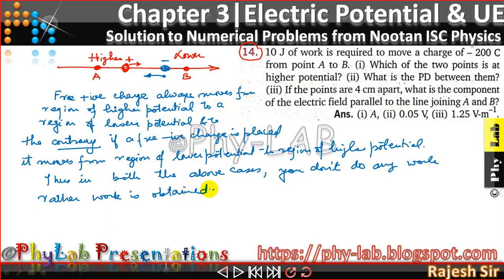I hope this point is clear to all of you. Work is obtained whenever a charge moves, if it is a positive charge, from a higher potential to a lower potential, and if it is a negative charge, then the work will be obtained if it moves from a lower potential to a higher potential.